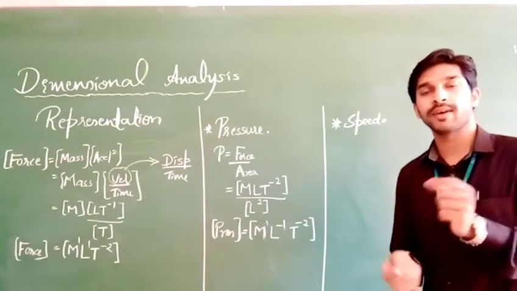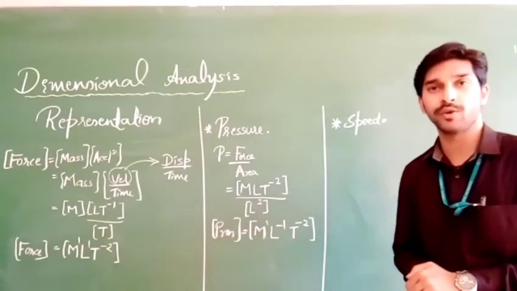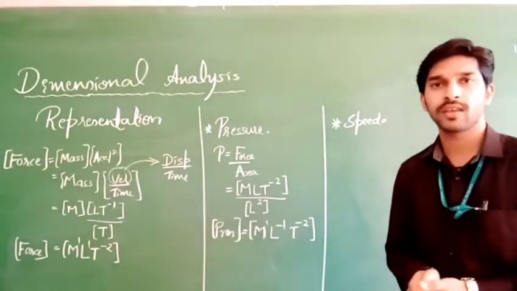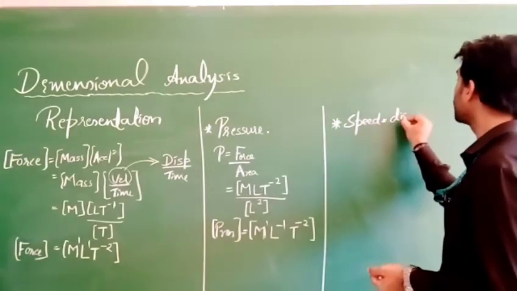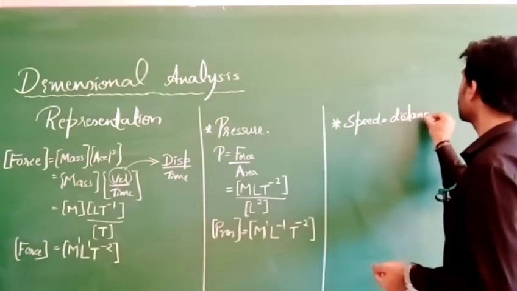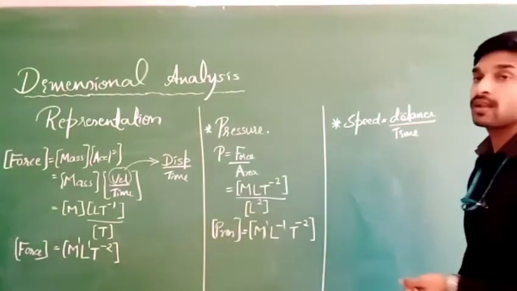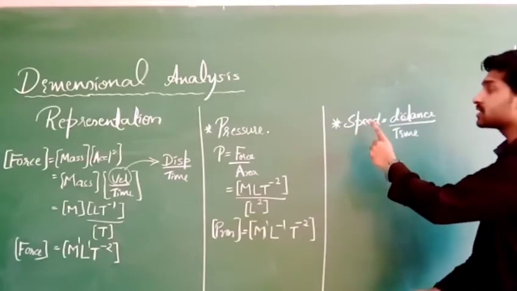Remember, velocity is displacement covered by the body in unit time, but speed is distance covered by the body per unit time. So we are going to calculate dimensions for speed.